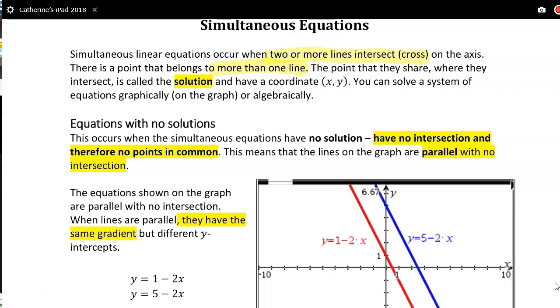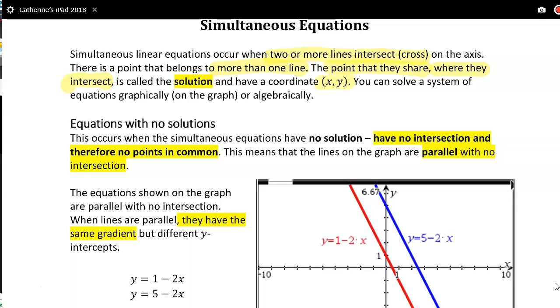So whenever we are looking at a line, we're just seeing if a point is on that line. And we're seeing if they share a point, in other words, where they intersect. And that's a solution, and of course it has a coordinate x, y.